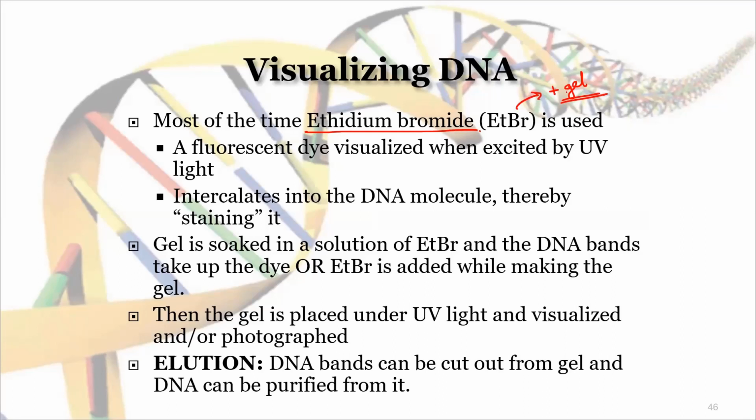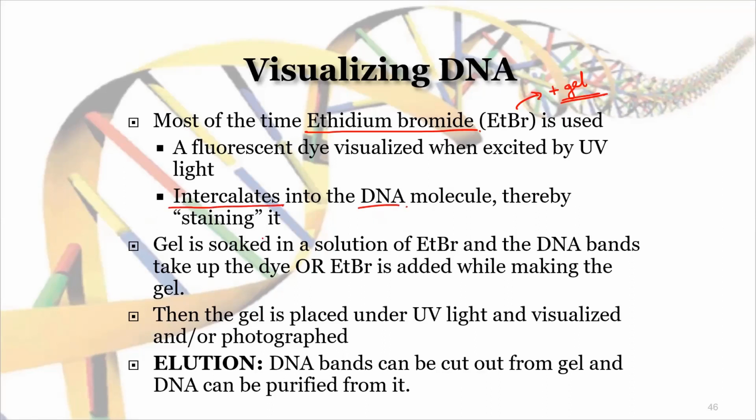It does not have any color of its own. The gel will still look transparent only. But what happens is, when the DNA is present in this particular gel, then a complex is formed with the DNA. We call it intercalation.